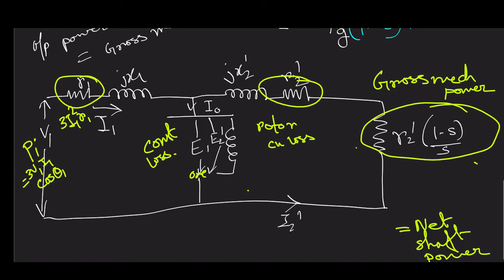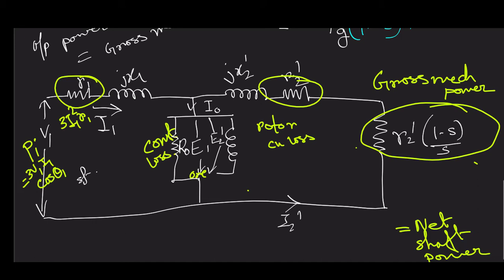What is the significance of considering it as constant loss? See, as I have mentioned, it is stator core loss and rotor core loss. Now, rotor core loss is subject to rotor frequency, that is SF, and your voltage.